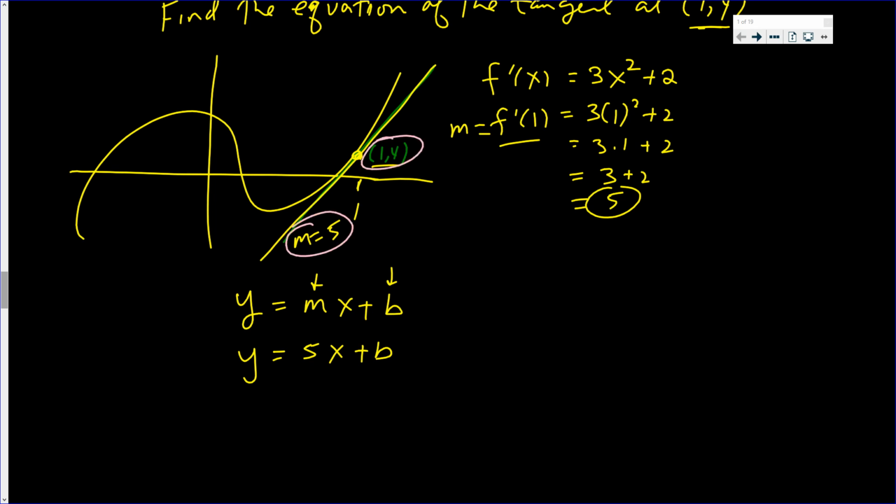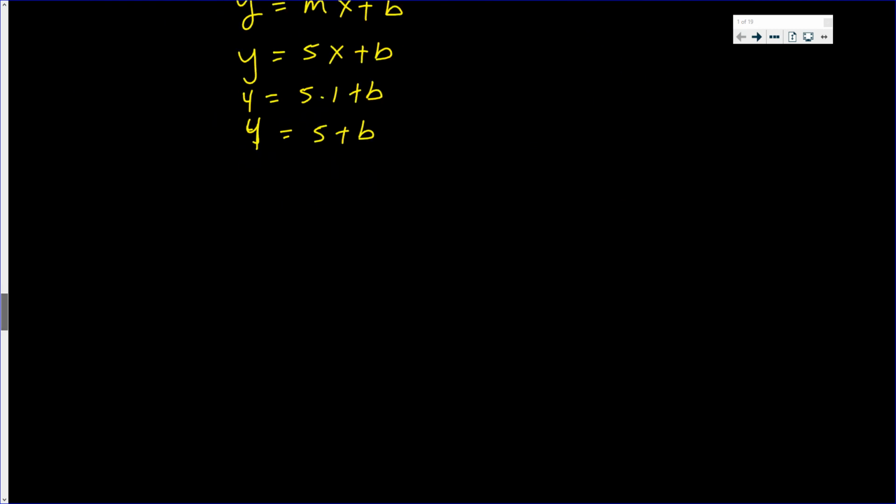There are two unknowns, so you better have two pieces. Well, we clearly used that m equals 5, so let's use the point 1, 4 to find b. When y is 4, x is 1. So 4 is equal to 5 plus what number? What do you add to 5 to get 4? And the answer is, it must be -1.